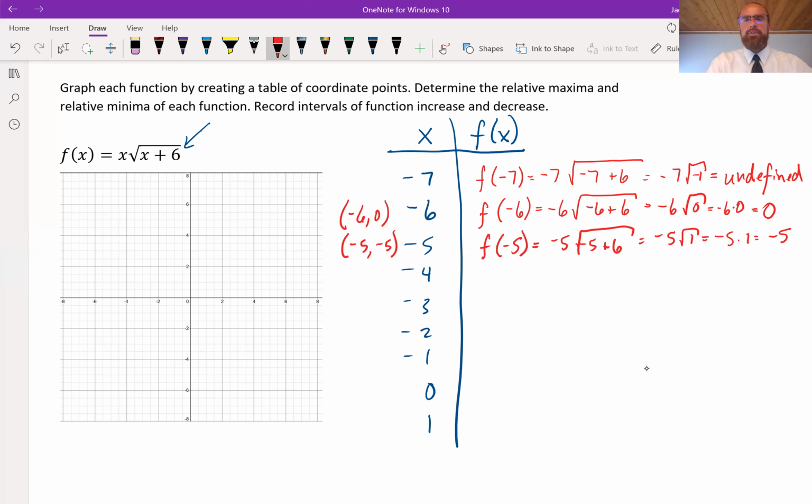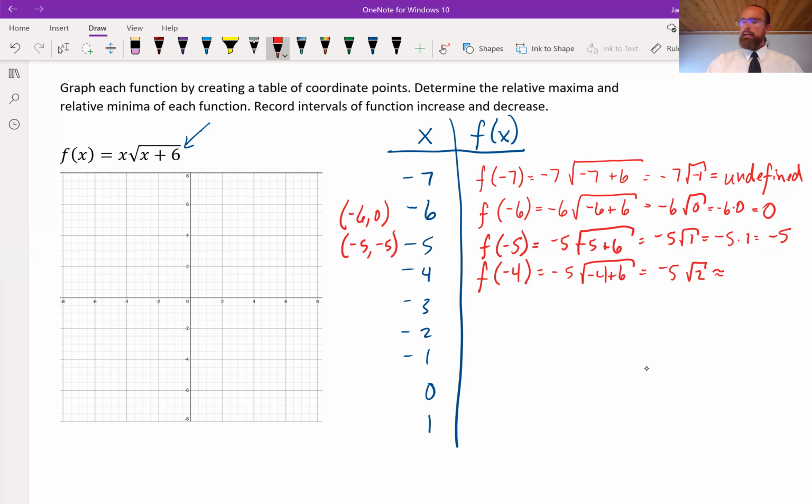Now we run into some irrational numbers at this x equals -4. So f at -4 is -5 times the square root of -4 plus 6, which is -5 times the square root of 2. And I'm going to estimate, square root of 2 is about 1.414. It goes forever and it doesn't repeat, so definitely it's irrational.